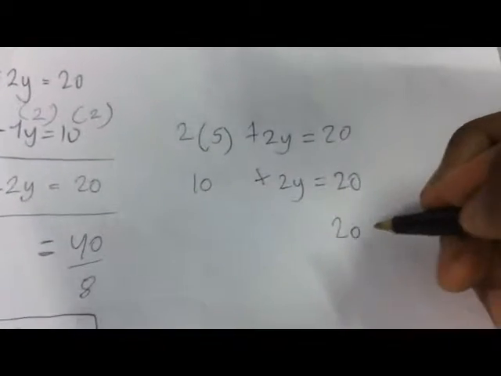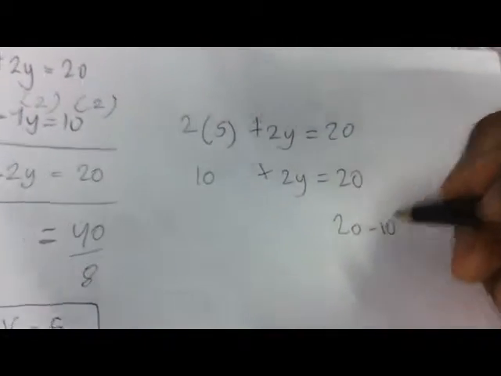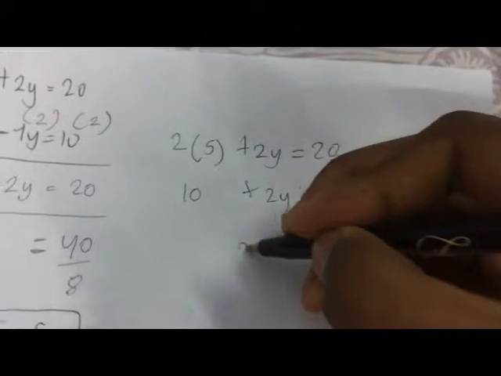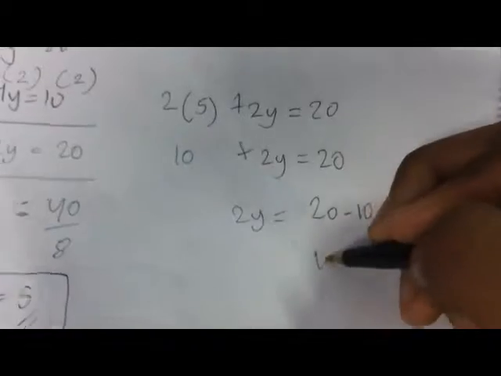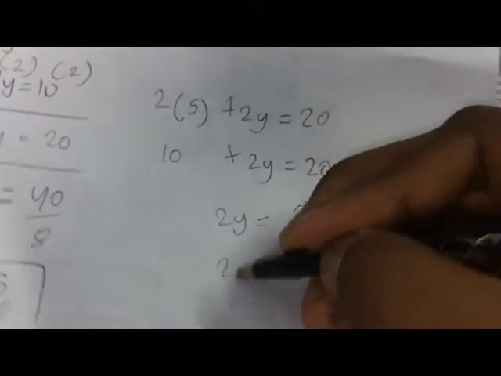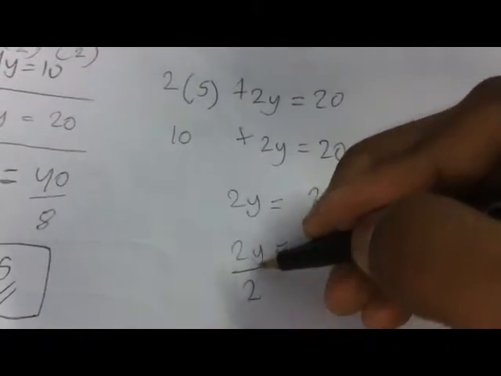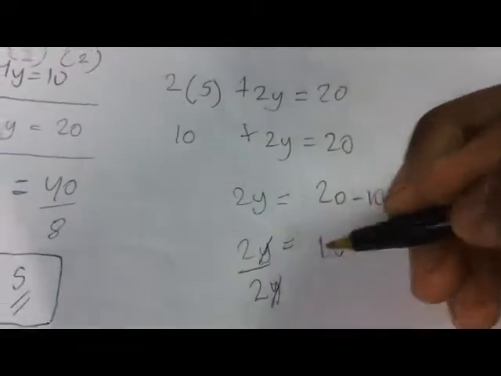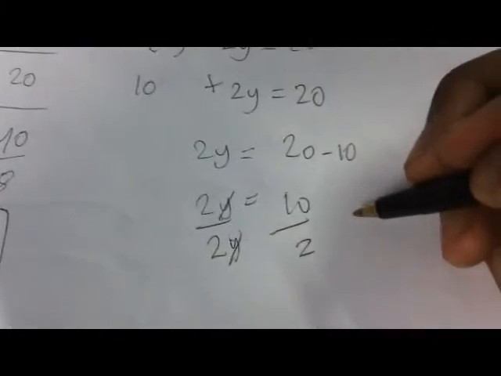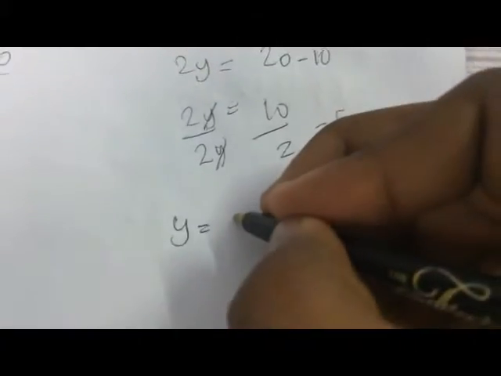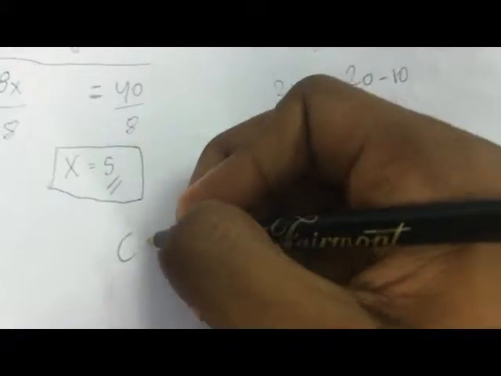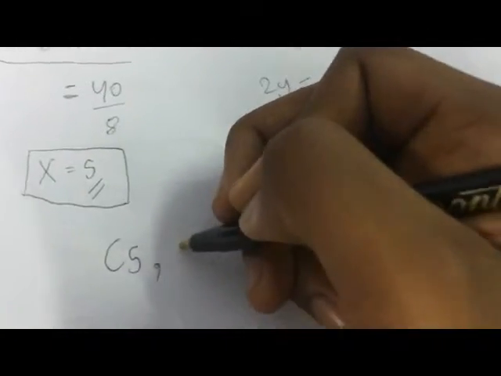So 20 minus 10 equals 10 for 2y. Now we have to divide 10 divided by 2 and cut the y. So 10 divided by 2 equals 5. So the y equals 5 as well. So the final answer will look like 5 and 5.